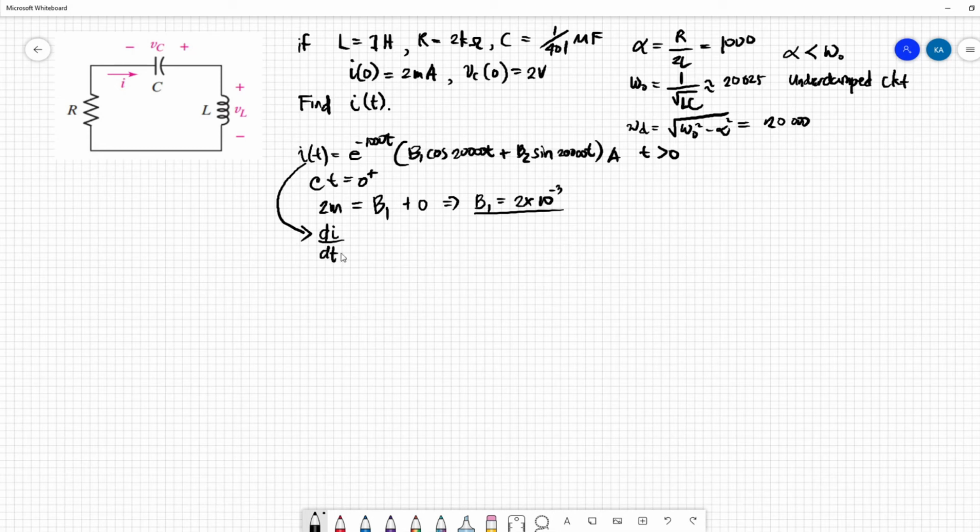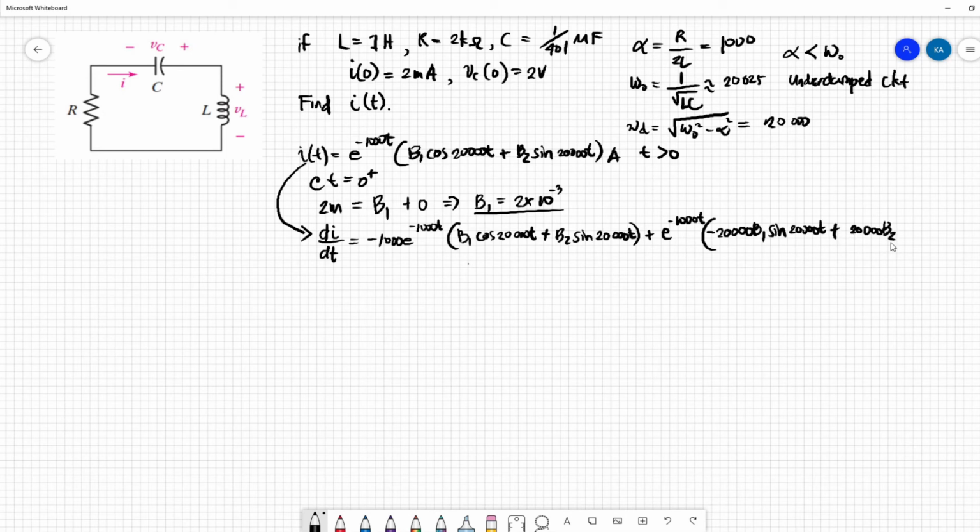So di/dt of this expression is negative 1000 e to the negative 1000t times B1 cosine 20,000t plus B2 sine 20,000t, plus e to the negative 1000t times negative 20,000 B1 sine of 20,000t plus 20,000 B2 cosine of 20,000t.